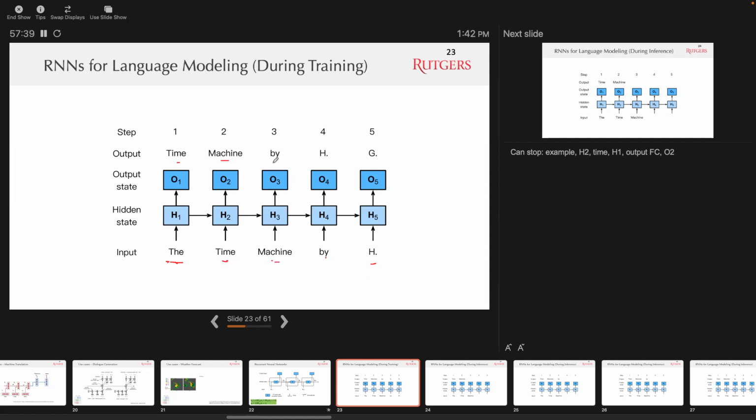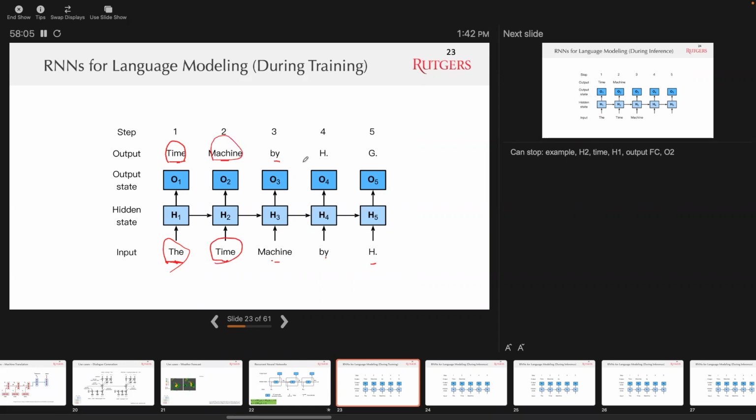You train the RNN this way, such that whenever you have the input, the RNN is always able to output the next word. If you have the input, the network can output the word time, which is the next word of the sentence. If you have the word time, the network can output the word machine, and so on.